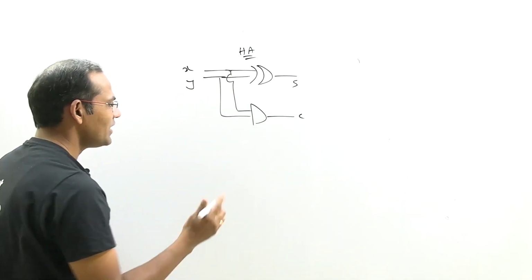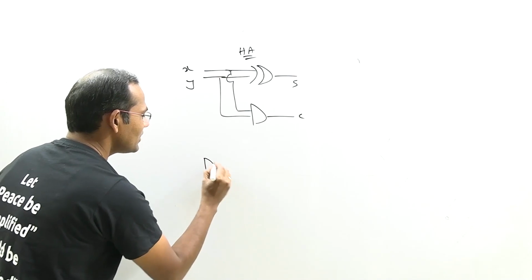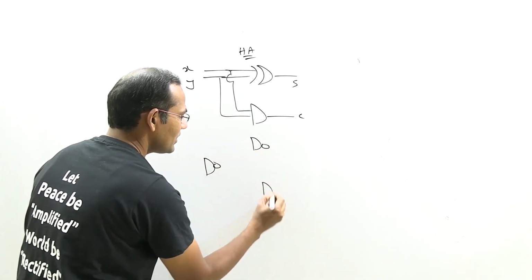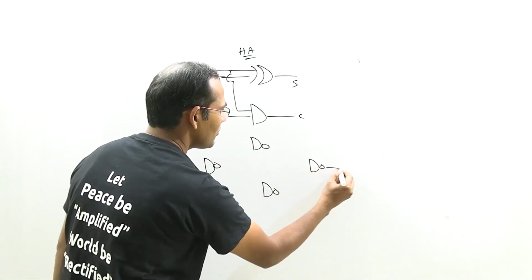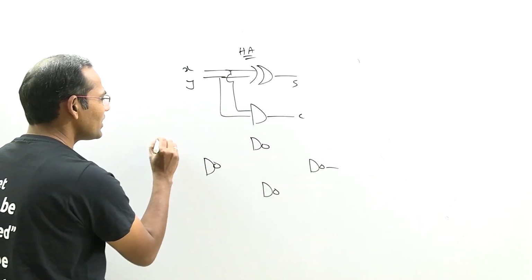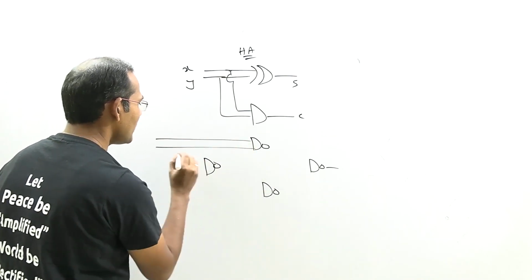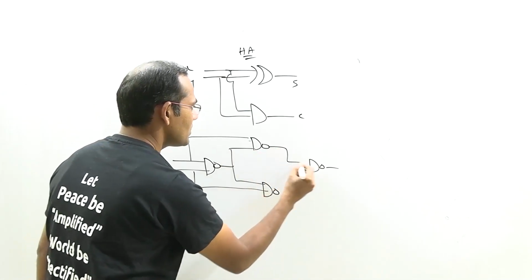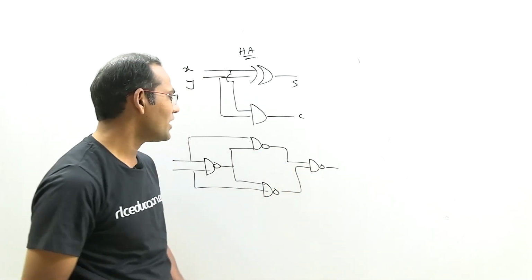First replace XOR with NAND equivalent. Whenever you place 4 NANDs like this, that will work as a XOR gate. This is one standard diagram.